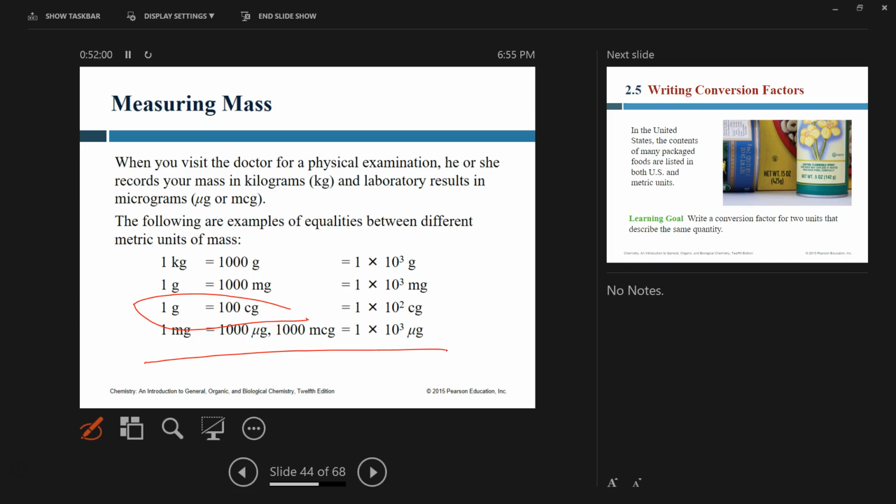So basically, for practical purposes, you're going to be using grams, kilograms, milligrams, micrograms in your practical applications everywhere, really. Are we clear about this?